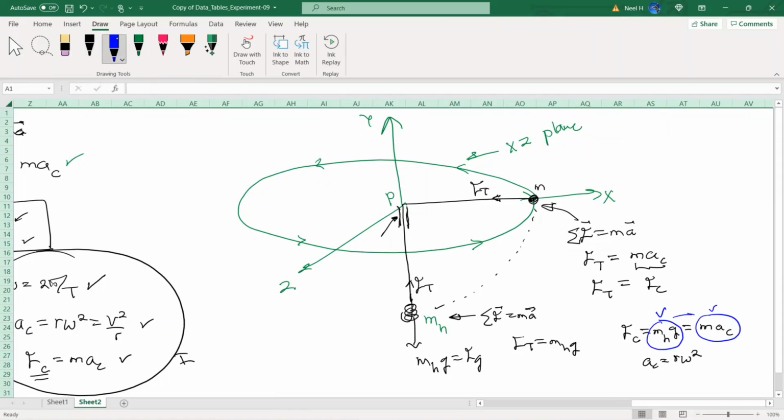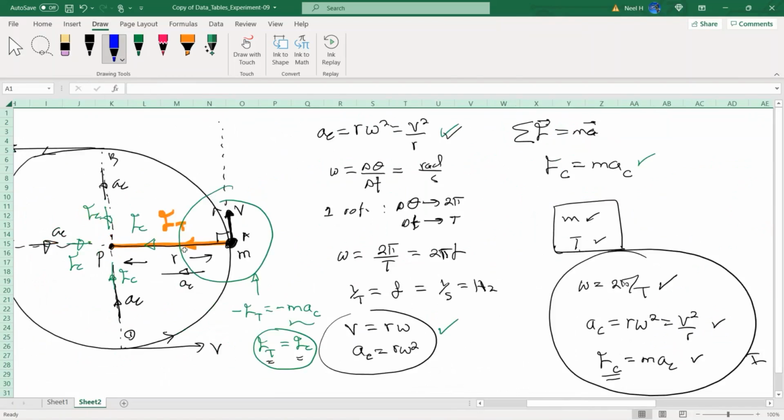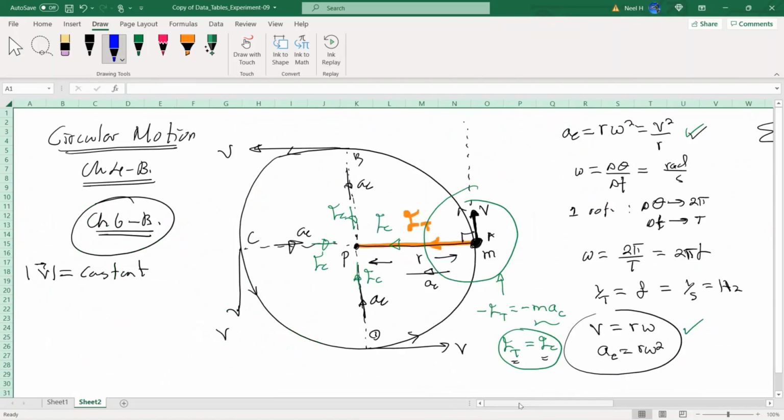If I'm getting these two exactly equal to each other, then I can confirm all the concepts and the physical principles attached all the way back to chapter 4B level. Because that's where we started all of this, right? So the definition of uniform circular motion and the proof of a_c and the linear velocity, omega, things like that, we first started there.